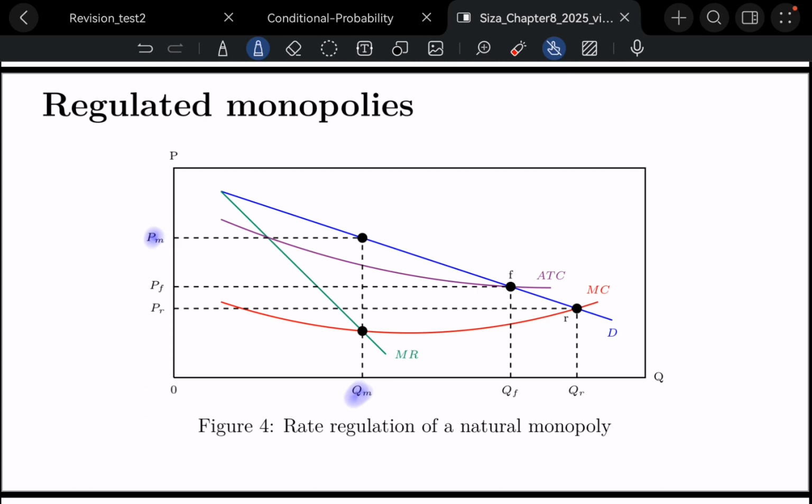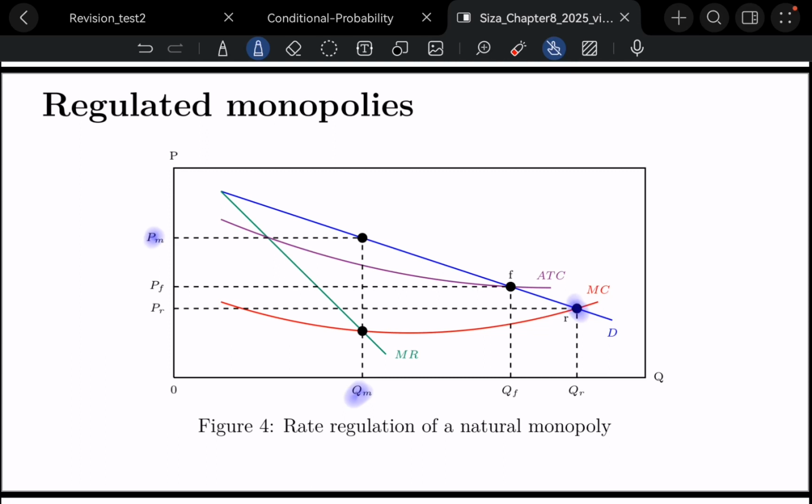So there's a deadweight loss that arises, and usually it was that triangle ABC that we saw in the last video. So now there is what we call a socially optimal price, and you find it at point R. So this is where marginal cost is equal to demand, or marginal cost is equal to price.